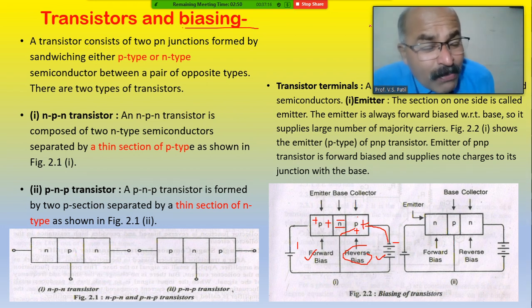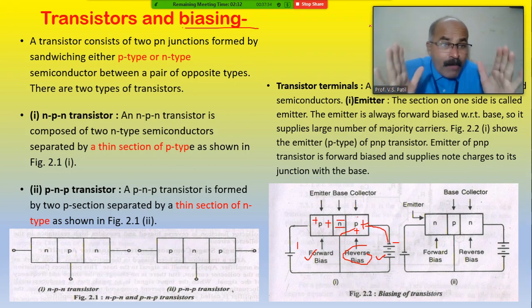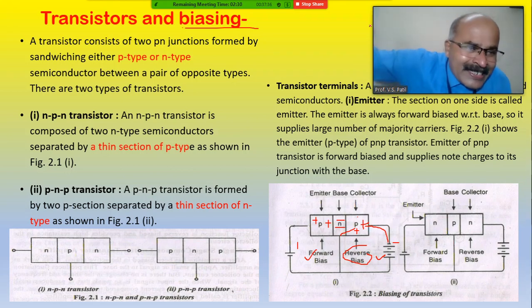And that process of giving external voltage in one specific manner, that is the input junction is forward biased, output junction is reverse biased, that type of biasing is known as transistor biasing.